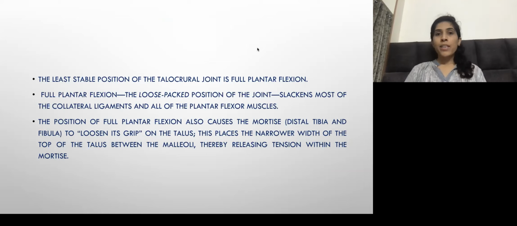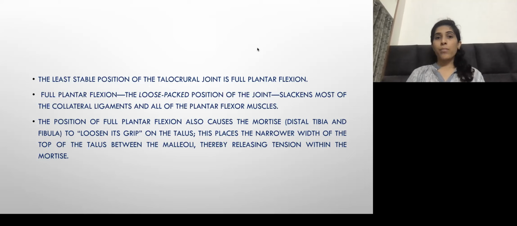As a result, whenever we walk with high heel sandals, this excessive plantar flexion motion occurs, and with less ligament support available, there are more chances of ankle sprain or the ankle getting into a twisted position.